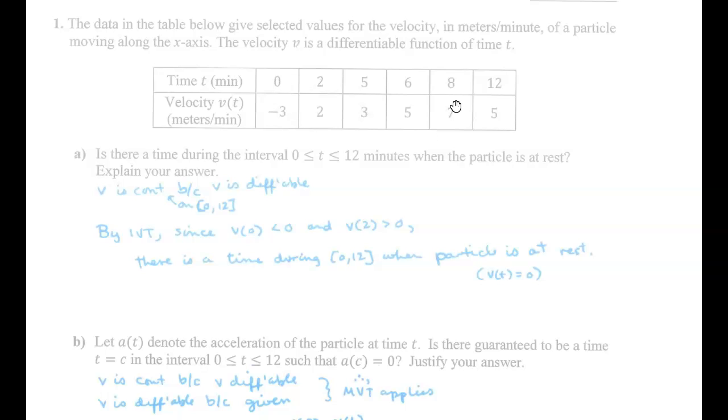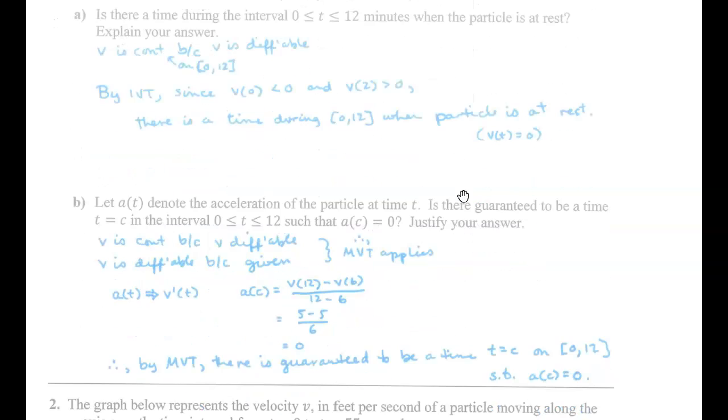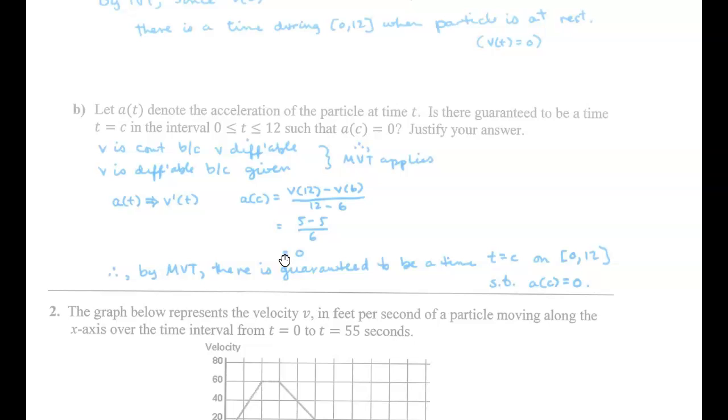So if you look at your data table, where are my velocities the same? Well, they're the same when velocity is 5 here and here. Therefore, that's kind of your application of the rules. So it's going to give you that slope of 0. So therefore, by MVT, there is a guaranteed time, t equals c, such that A of c equals 0.